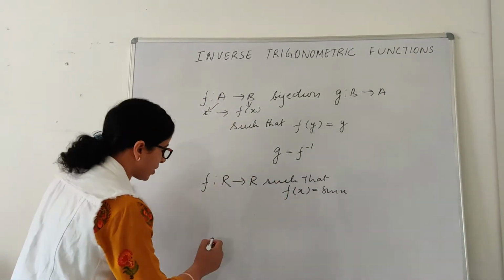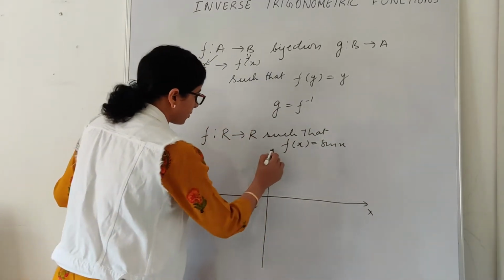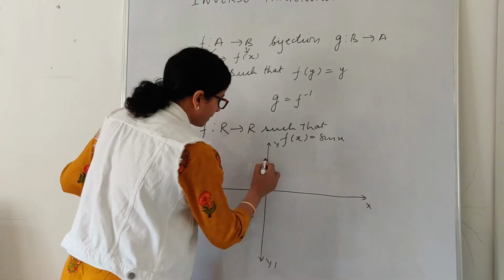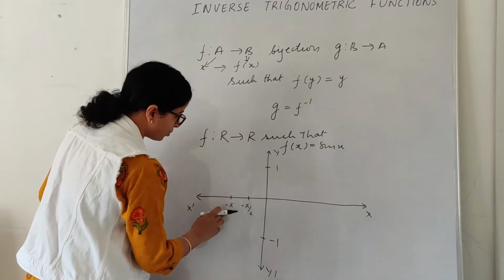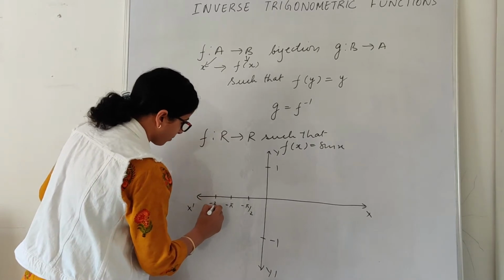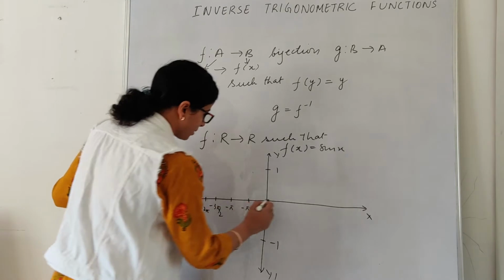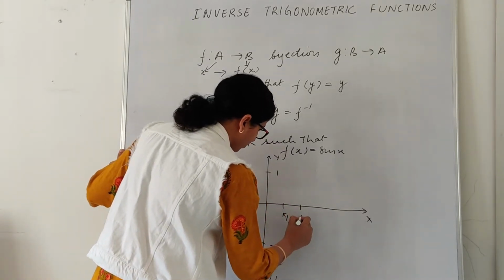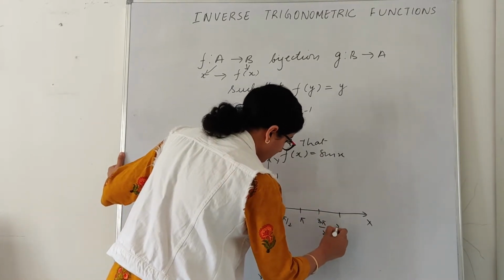So check the graph of the sine function: x, x dash, y, y dash, and this is my 1, this is my -1, minus pi by 2, minus pi, minus 3 pi by 2 and minus 2 pi. Similarly here I have pi by 2, pi, 3 pi by 2 and 2 pi.